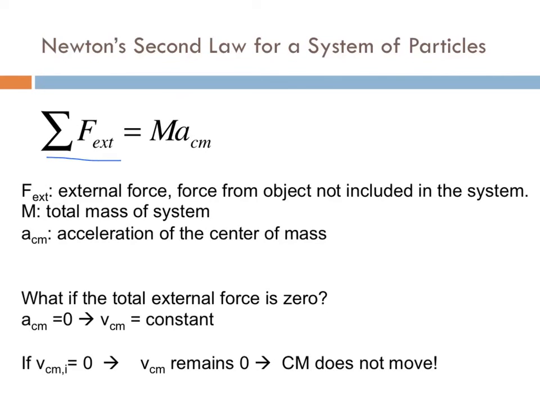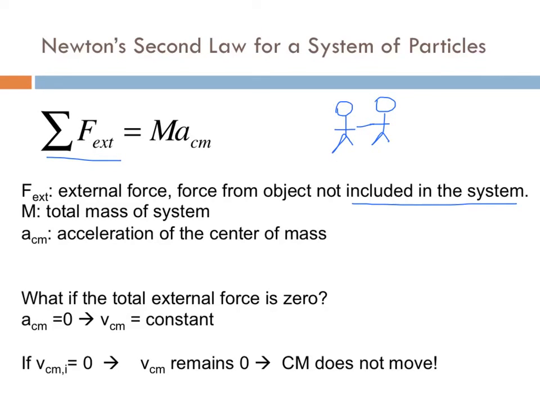So again, this looks very similar to F equals ma, but here we're specifically talking about the sum of the external forces. That means if we have two people on a frictionless surface and they push on each other, that is not considered an external force because the force between them is included in the system.